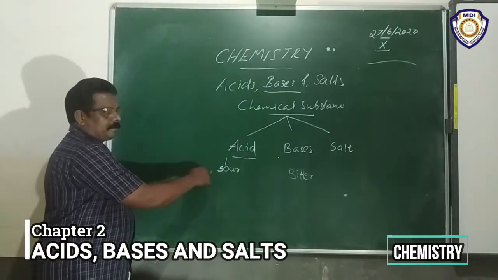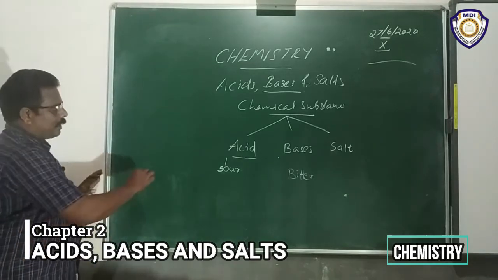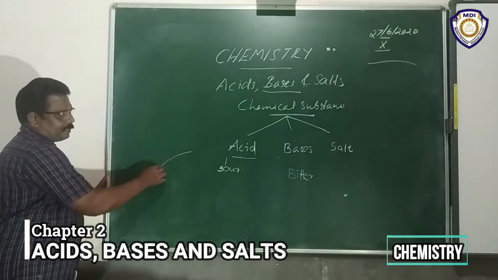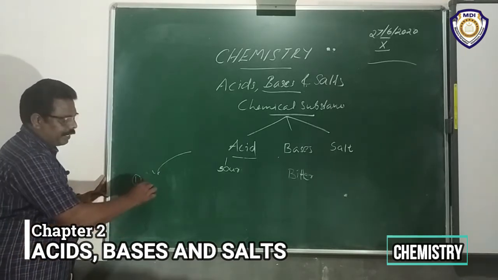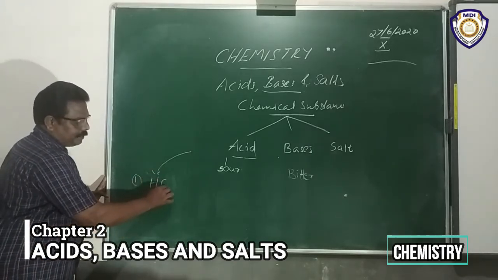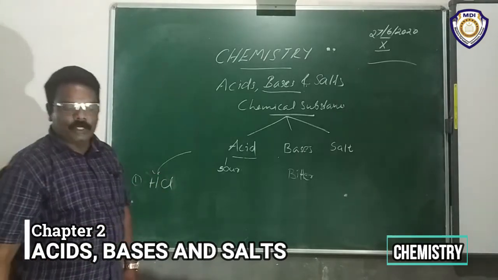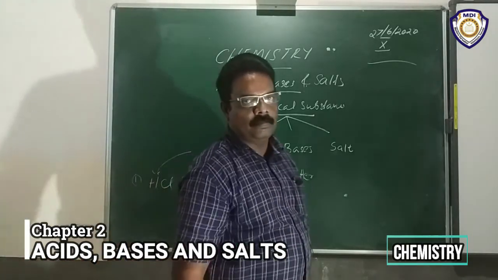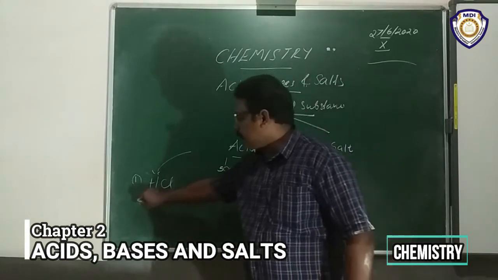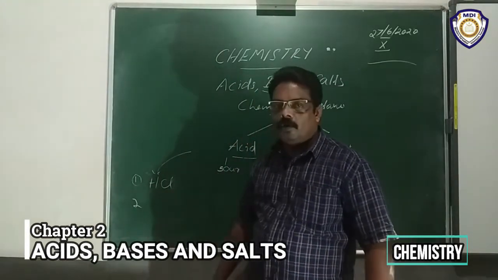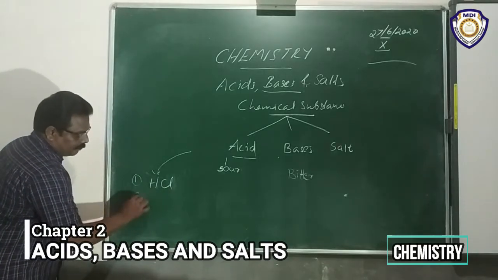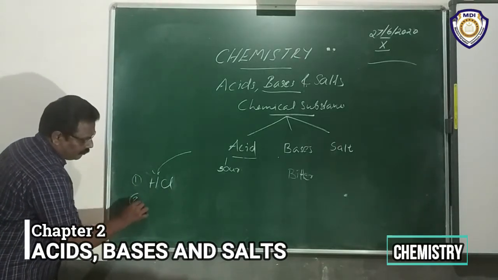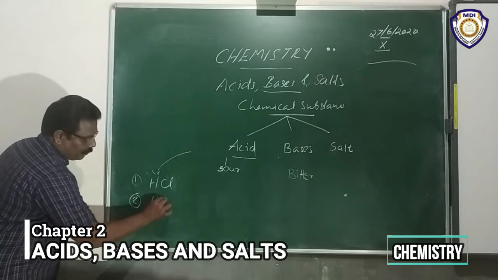Now study the chemical formulas of some acids. First one, hydrochloric acid, that is HCl. Then second one, sulfuric acid, that is H2SO4.